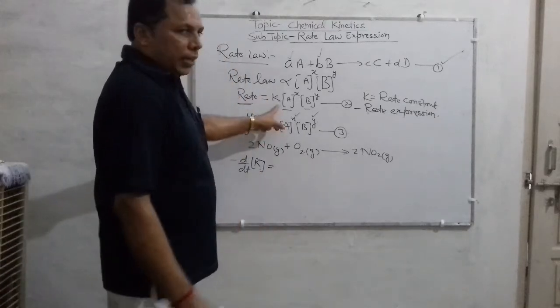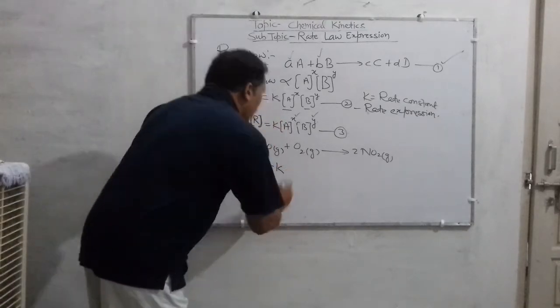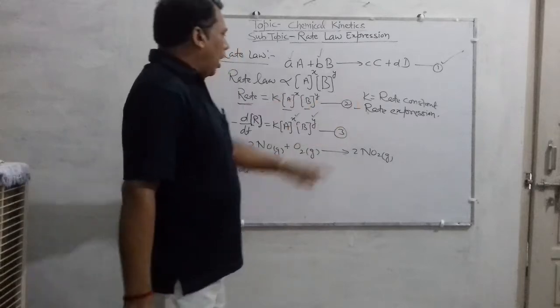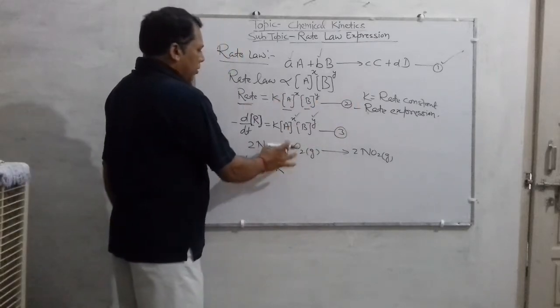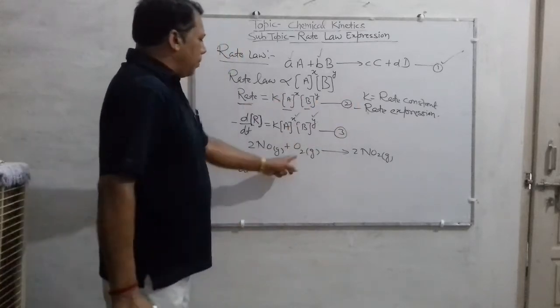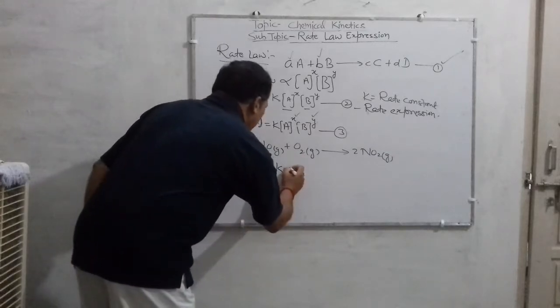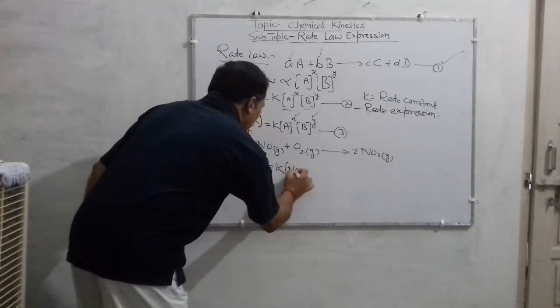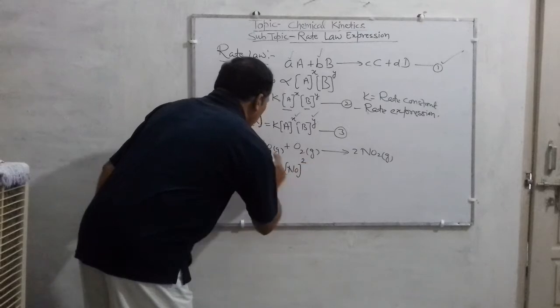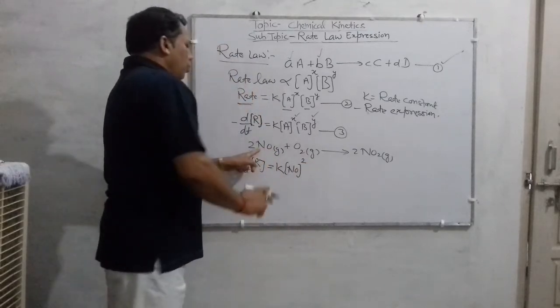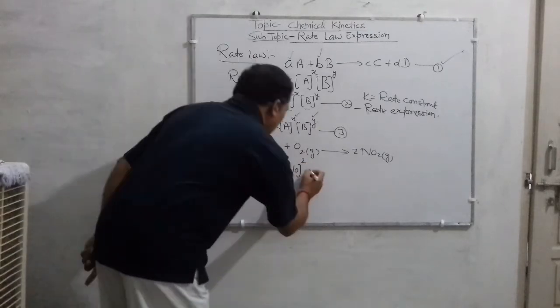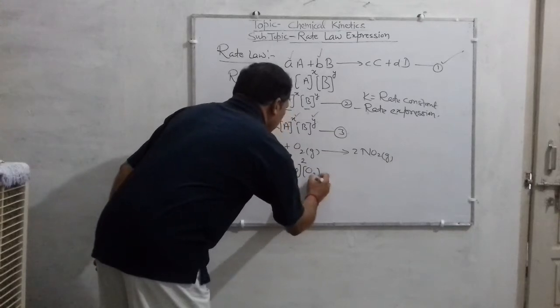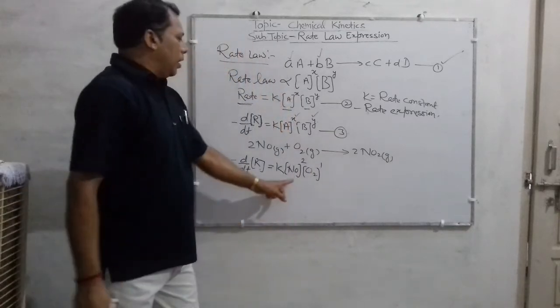In the same way, that is rate constant K and the exponents are the concentration of reactants, which can be written as K into the concentration of NO to the power 2, written as such, and O2 to the power 1, written as such.